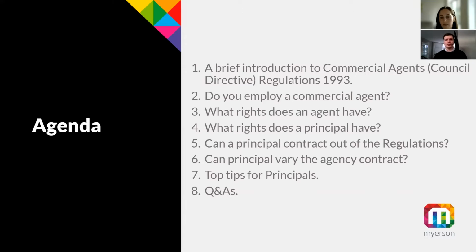So we'll briefly have a look at the following topics: an introduction to the regulations, looking at whether you employ a commercial agent, then moving on to the rights of an agent and the rights of a principal. And then we'll have a look at whether a principal can contract out of the regulations, whether a principal can vary the agency contract, and then finally some top tips for principals, including what to do if an agent is not performing satisfactorily.